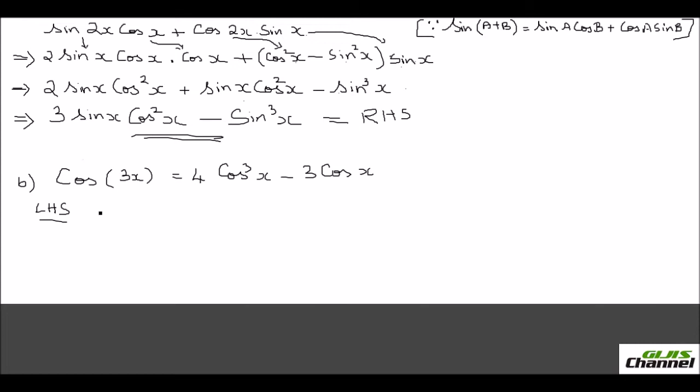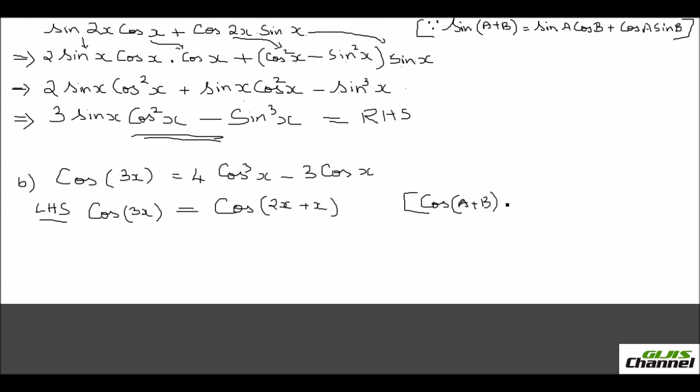On the left hand side I have cos of 3x, which I can write like cos 2x, because we know the formula for the double angle, right? So I am using it as 2x plus x, okay? So what is cos of 2x plus x? I would write here cos a plus b equals, remember the formula, I guess?